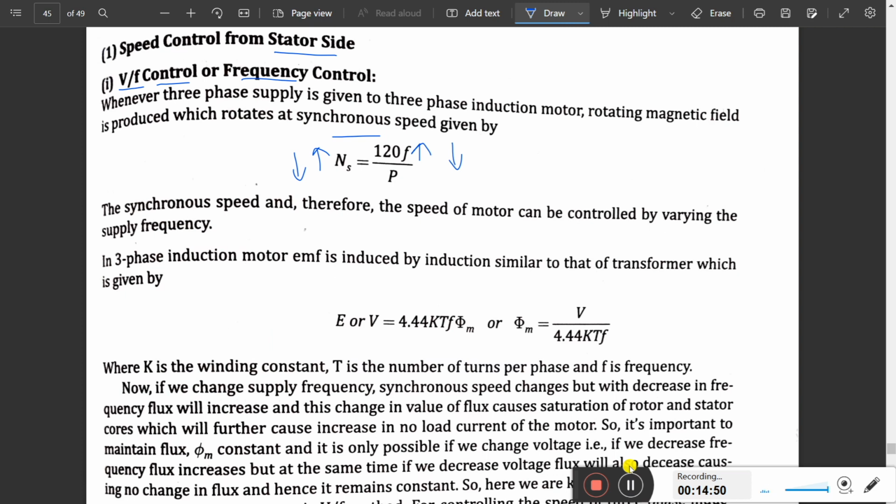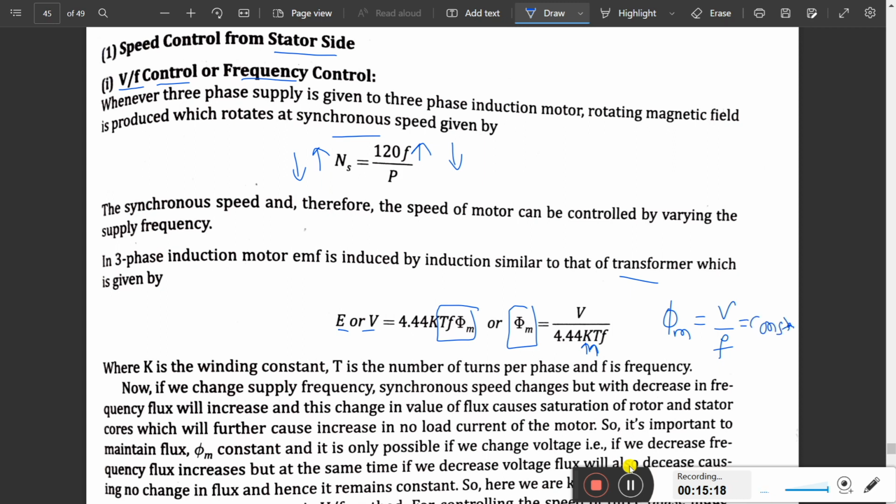Now, from the EMF equation in the induction motor and transformer, we know the induced EMF E is directly proportional to the frequency and flux. For that purpose, we can write phi m is equal to V by 4.44 K T F. Here, K is the winding constant, T is the number of turns. Simply, we can write phi m is proportional to V by F. If you keep this constant, flux is also constant.